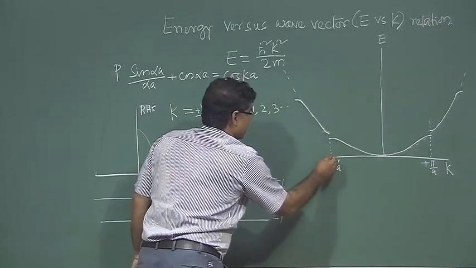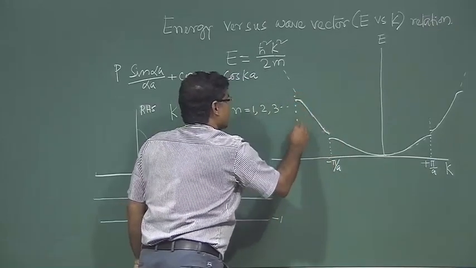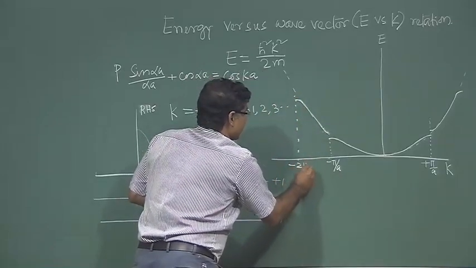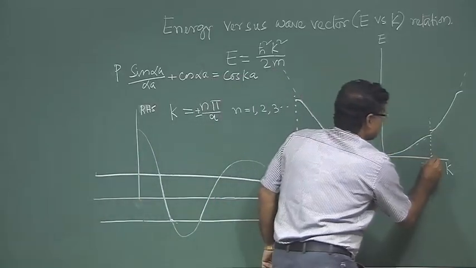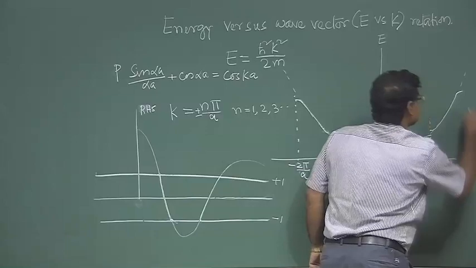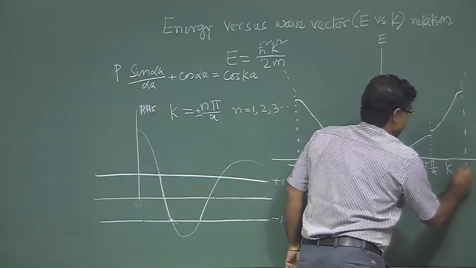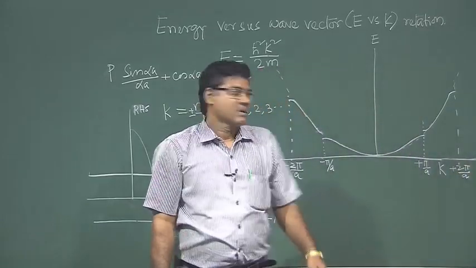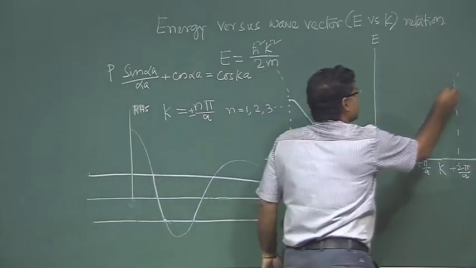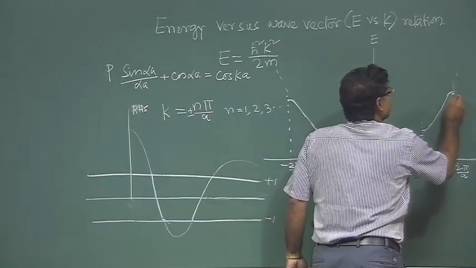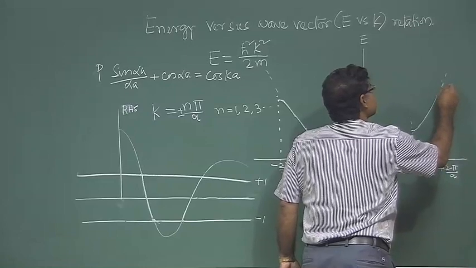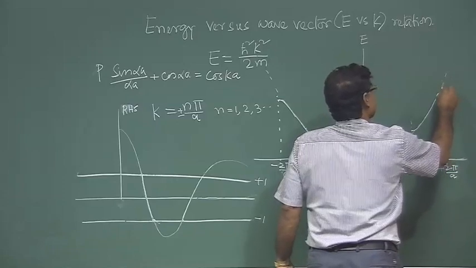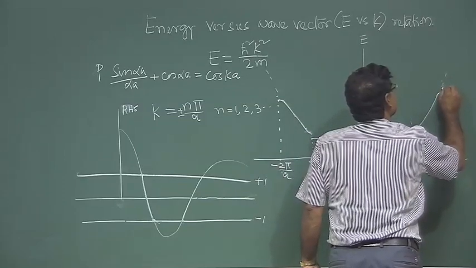Okay. So, this will continue from here to here. So, this will be minus 2 pi by a, and this part will be plus 2 pi by a. Okay. So, similarly, if we continue, the next k will start from here.